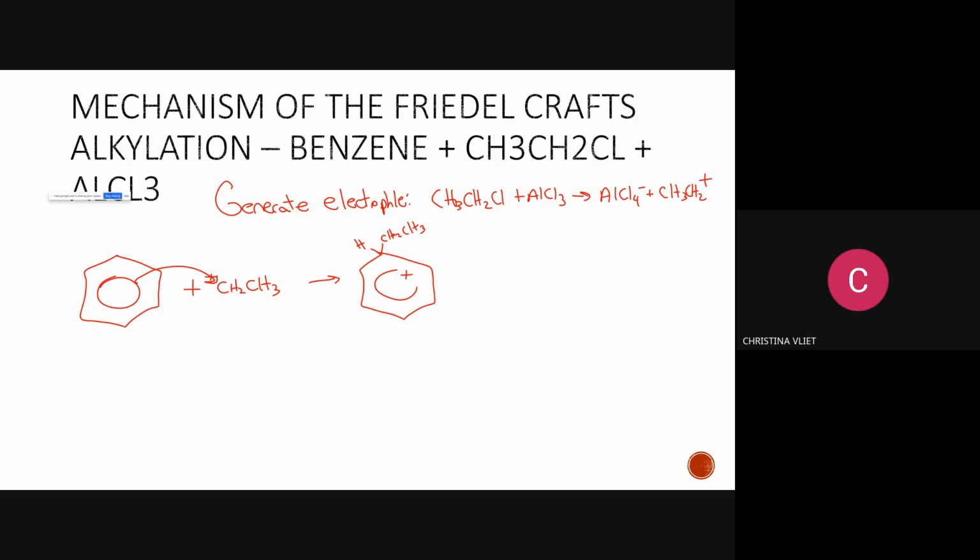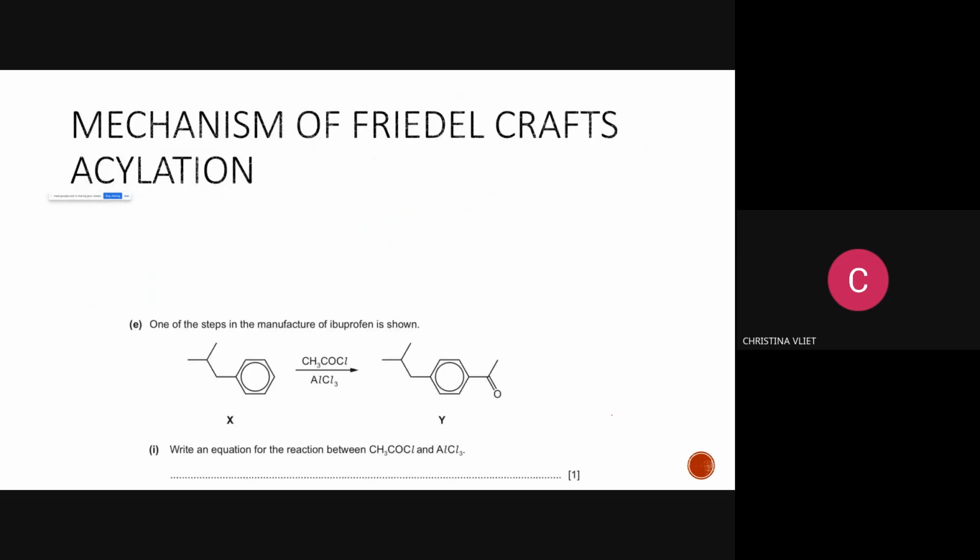What do we do next? And remember, the mechanism is the same every single time. Now the AlCl4 minus is coming in and grabbing the hydrogen. And the 2 electrons that connected the hydrogen to the ring have to go somewhere. They go back into the ring every time.